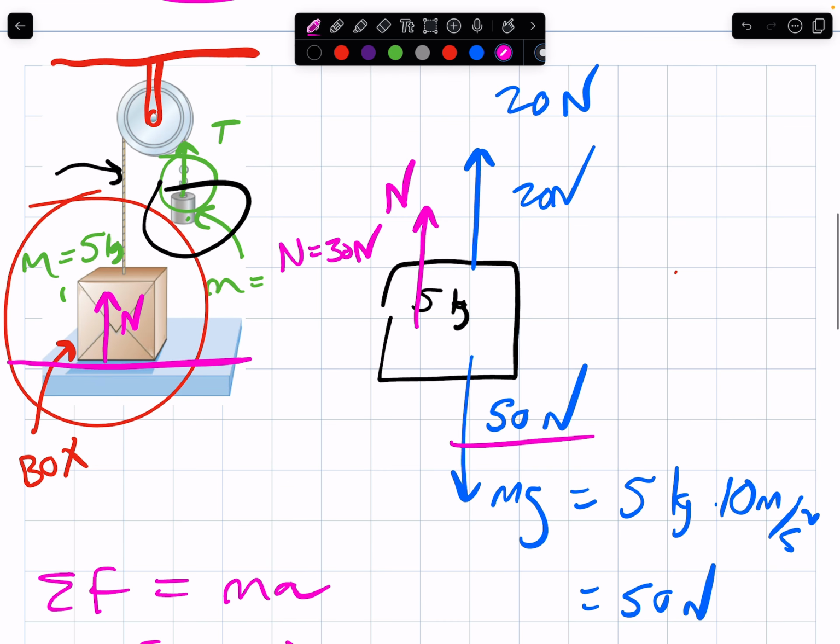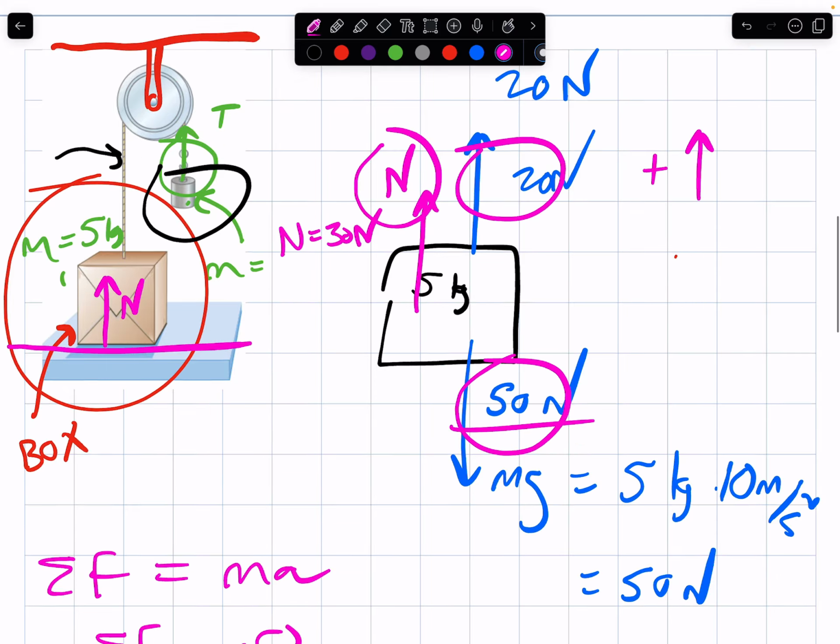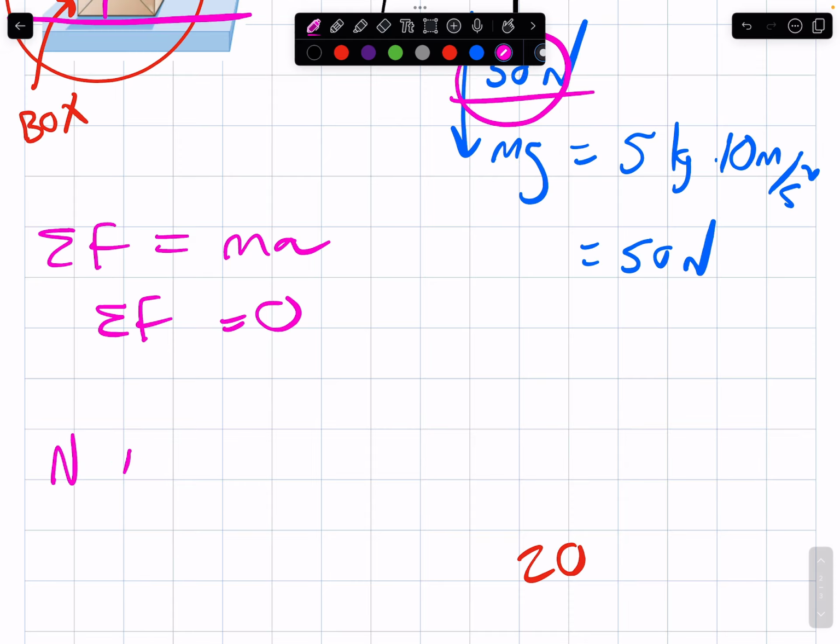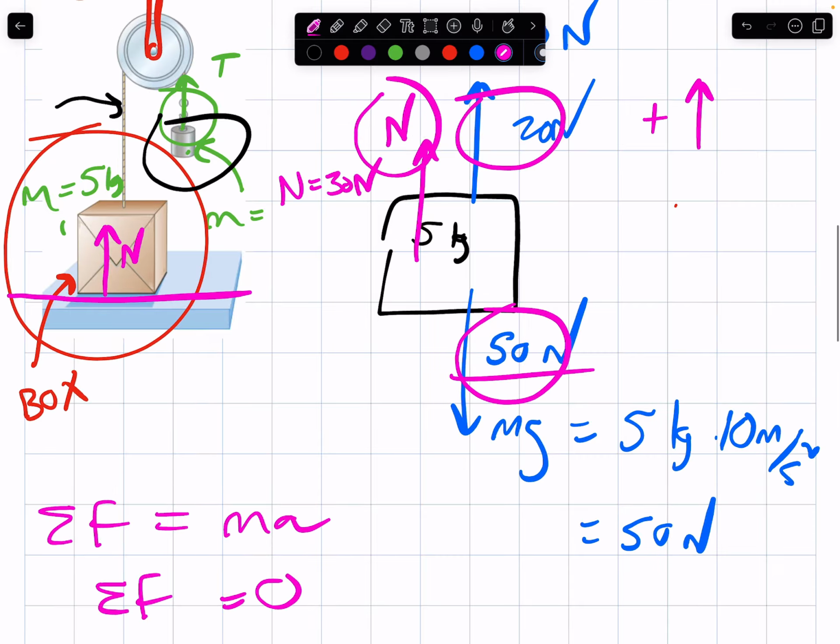And so now, for example, if I choose up to be the positive direction, the net force on the system is N plus 20 minus 50 equals 0.